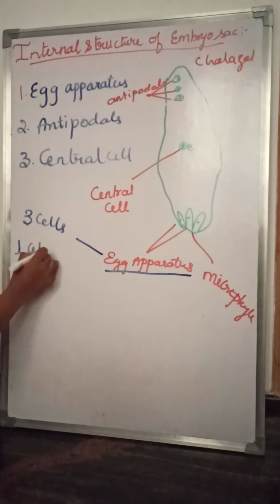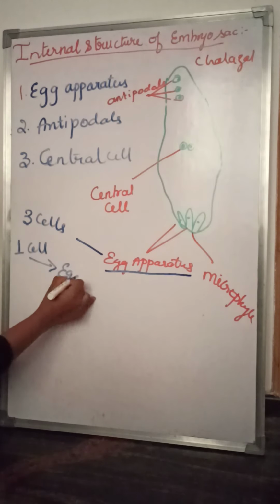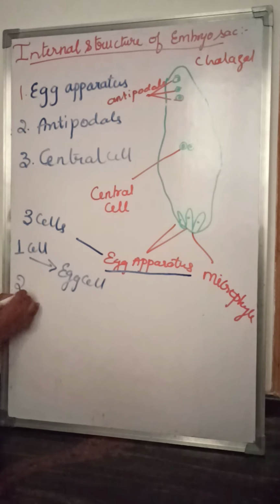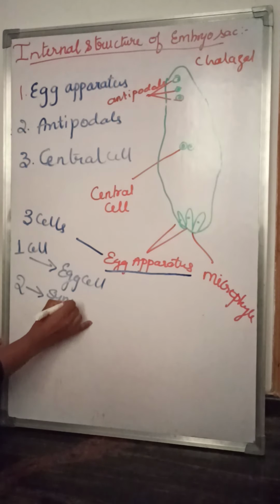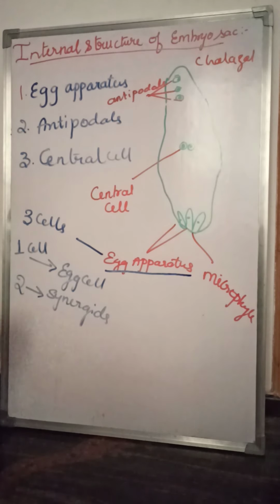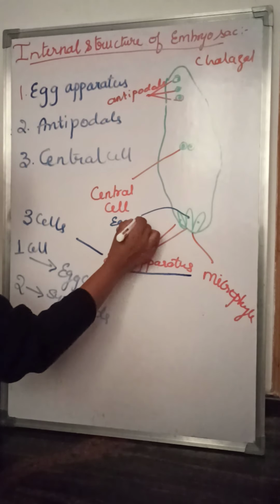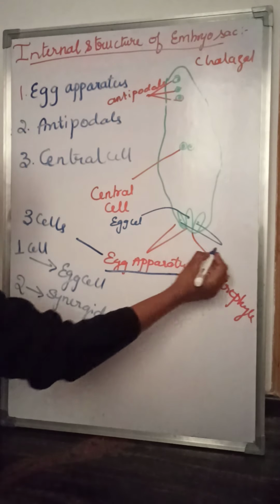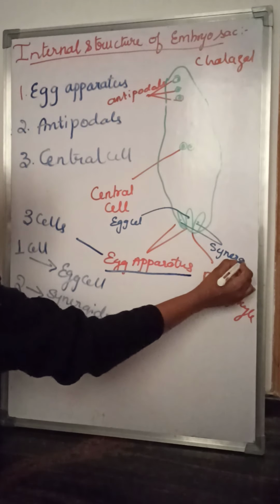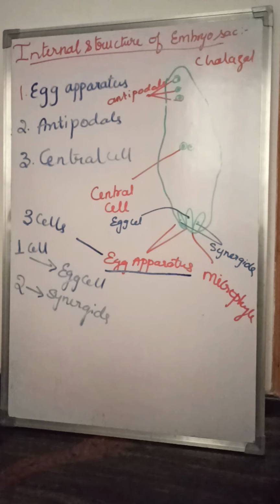One cell is the egg cell and the other 2 are the synergids. The central one is the egg cell, and the other 2 on either side of the egg cell are called synergids. Understood?